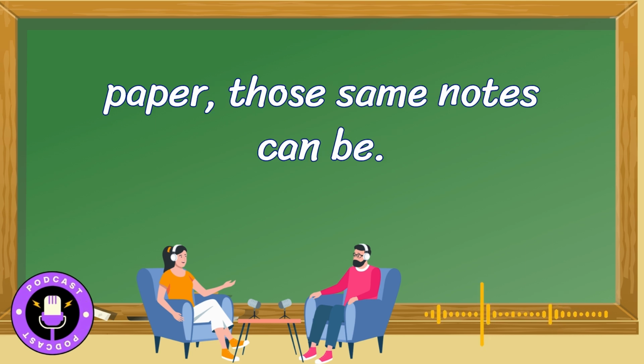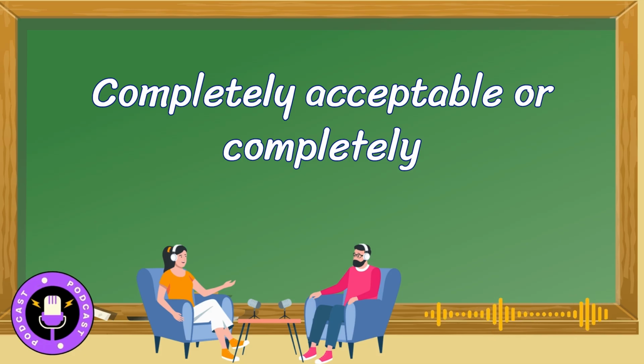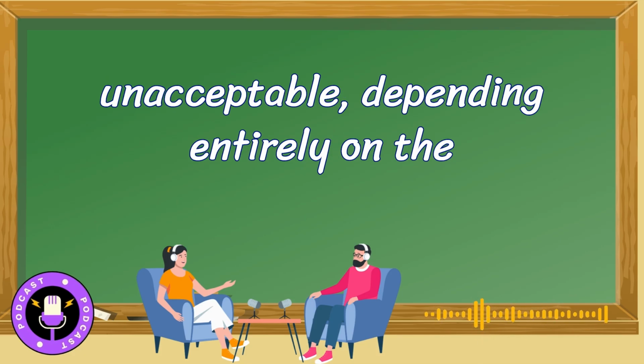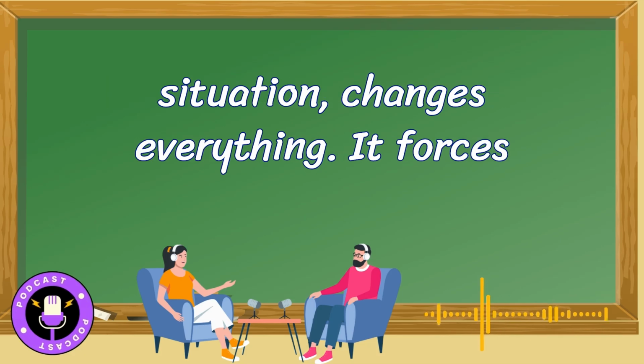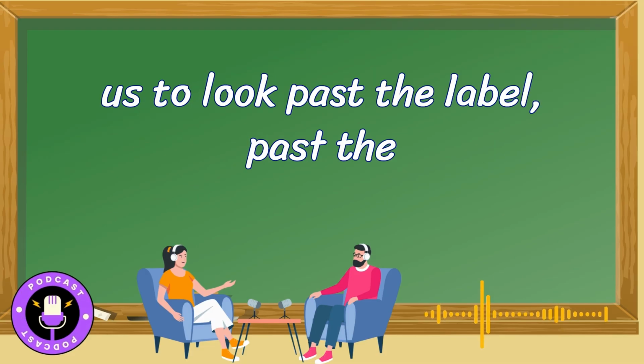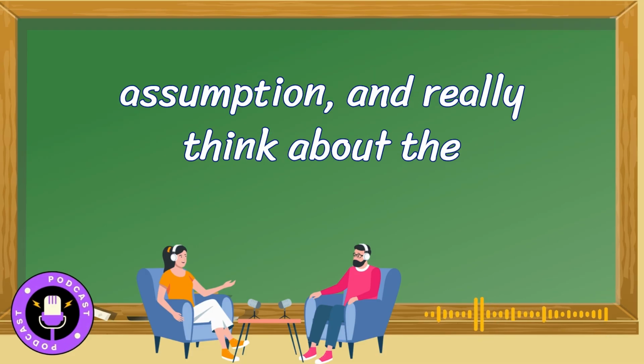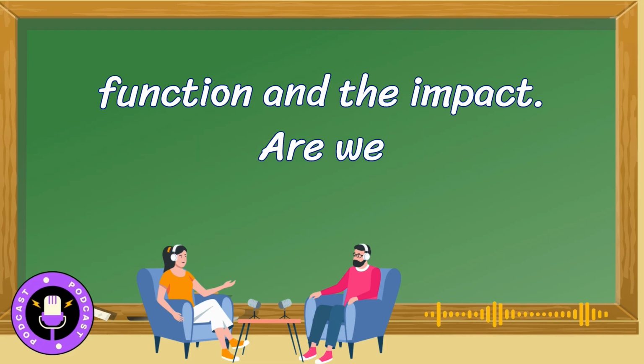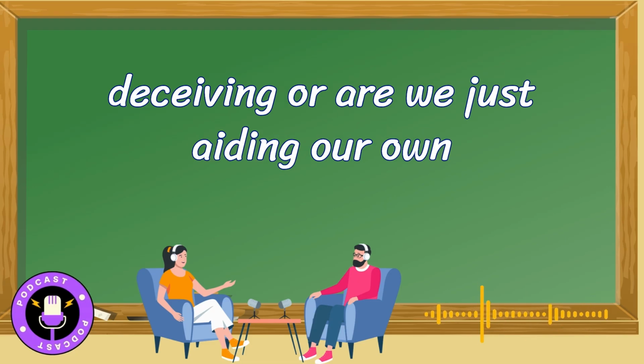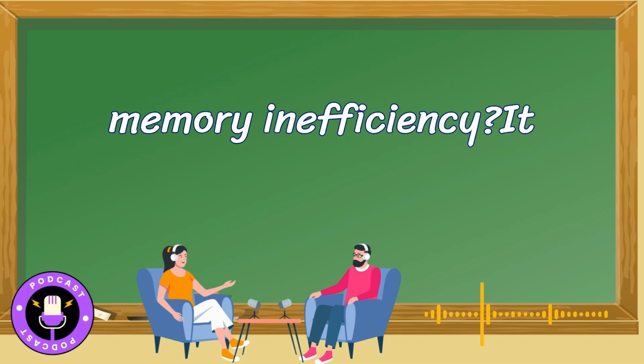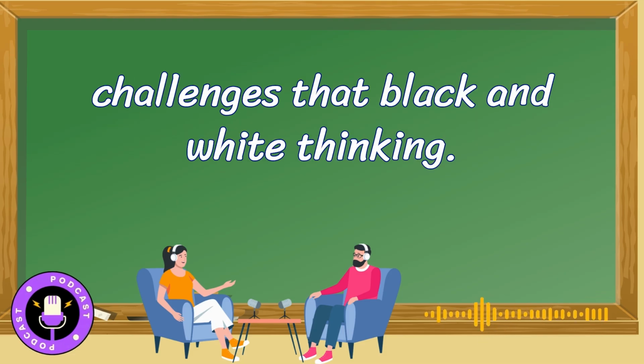That same piece of paper, those same notes, can be completely acceptable or completely unacceptable, depending entirely on the situation. Changes everything. It forces us to look past the label, past the assumption, and really think about the function and the impact. Are we deceiving, or are we just aiding our own memory and efficiency? It challenges that black and white thinking.